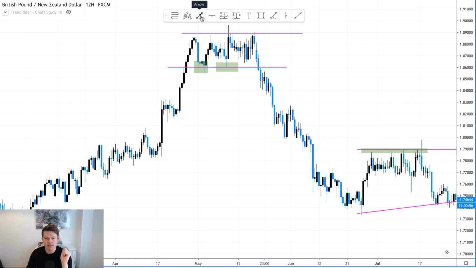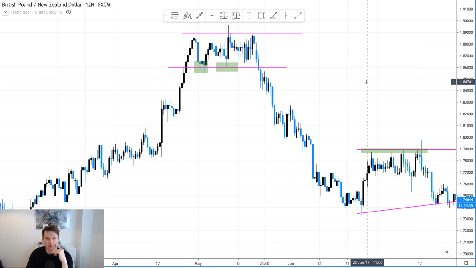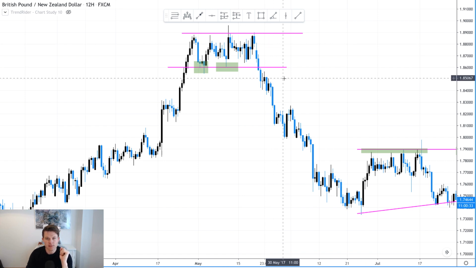Where the big money is made, and where you can get the best reward to risk ratio and the highest probability trade, is when you look at patterns and then you look for the exit of those patterns. And when it comes to patterns, we can look at head and shoulders, cup and handles, triangles, or just like in this example, triple tops and triple bottoms.